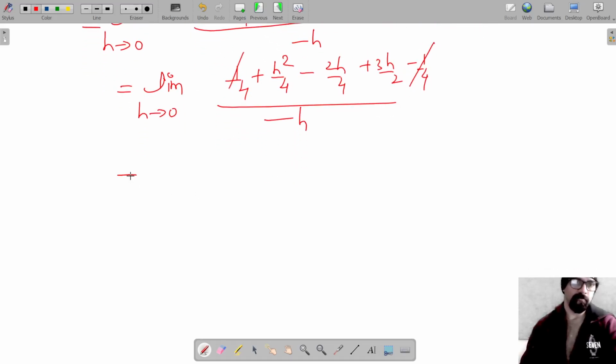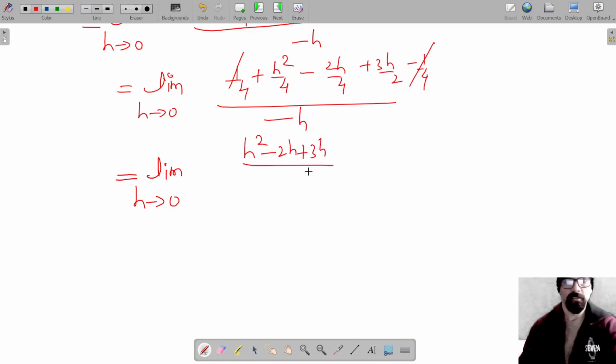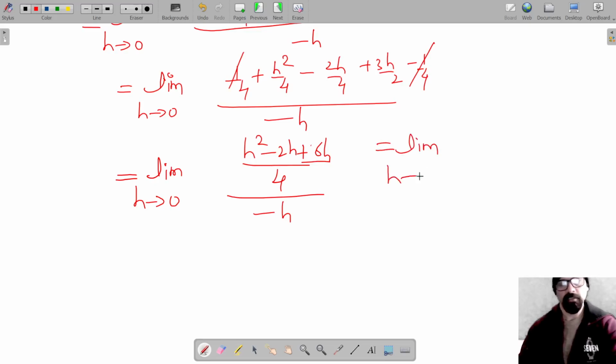So this is equal to now limit h tends to 0. Finally we are left with h square minus 2h plus 3h, and if we take the LCM 4, it's 6h. So h square minus 2h plus 6h by 4 by negative h. So this is now equal to limit h tends to 0, h square plus 4h by negative 4h.